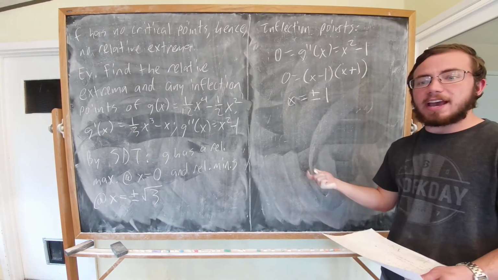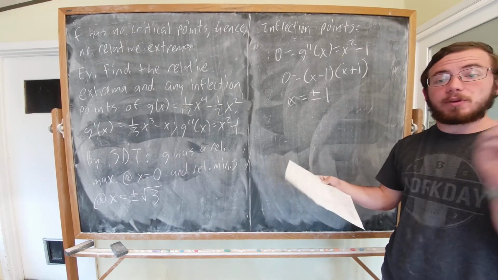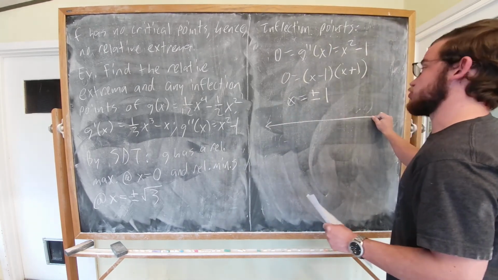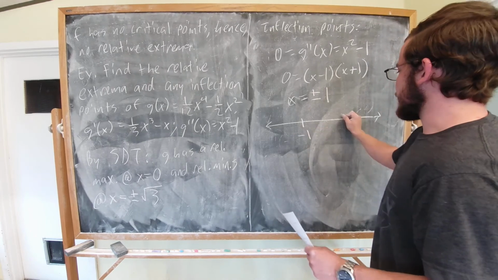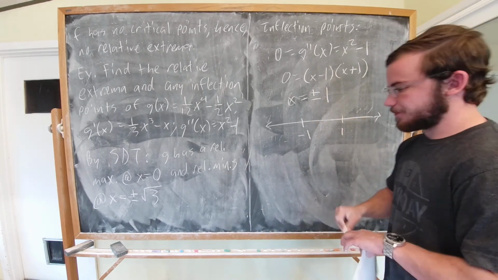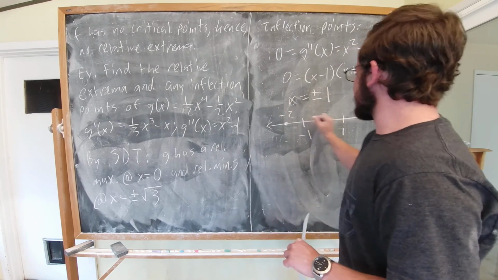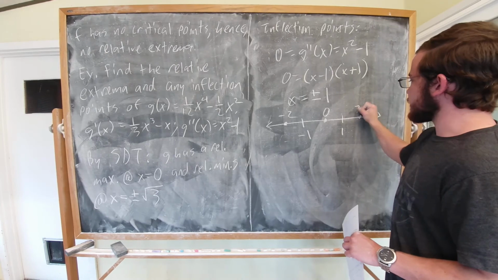So those are our two candidates for inflection points. Now, how do we check those? We examine the sign of f double prime of x, or g double prime of x in this case, on both sides of negative 1 and 1. Let's choose negative 2, 0, and 2 as our test points.